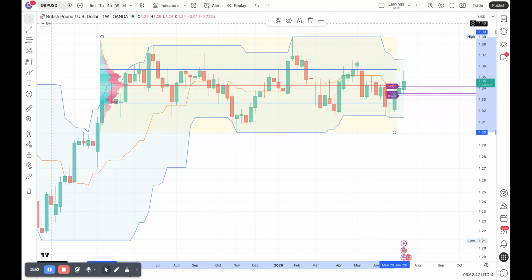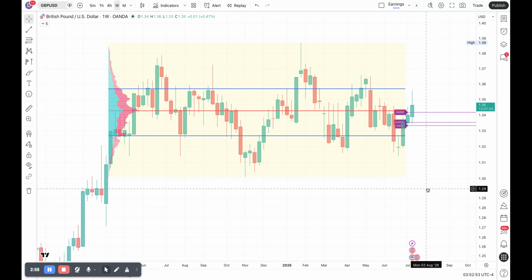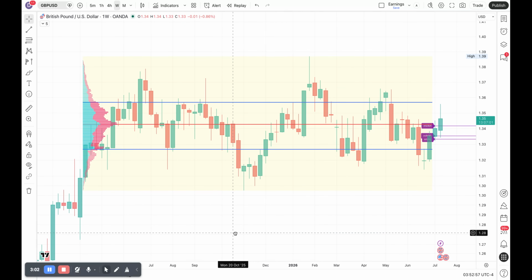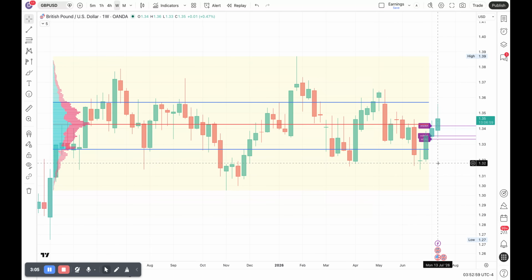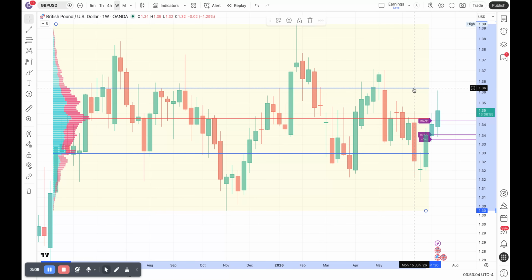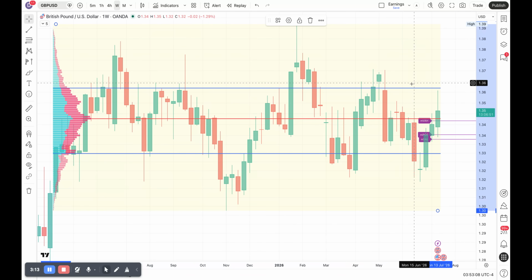Let's get rid of the Donchian channel for a minute. It shows me the two blue lines. The upper one is the value area high, the lower one is the value area low, and the red one is the POC, the point of control, where most of the volume traded at that price, meaning that's the fair value.